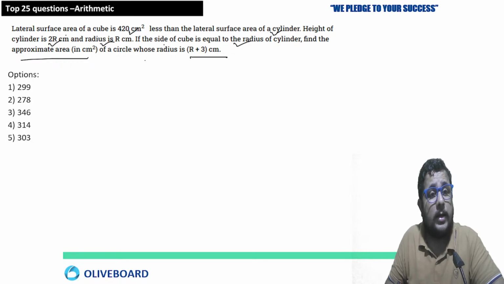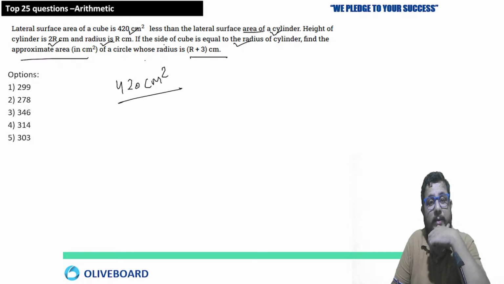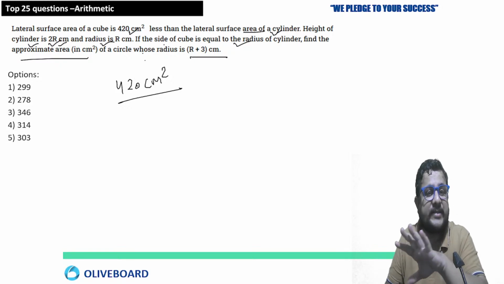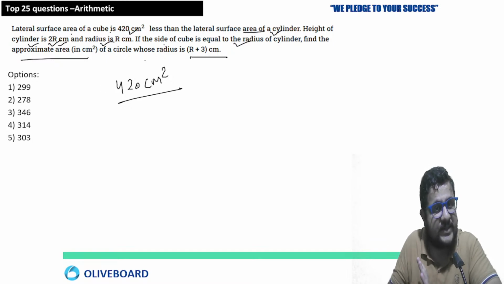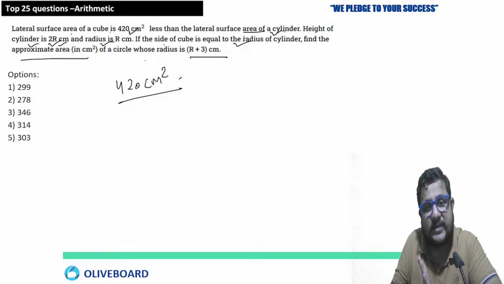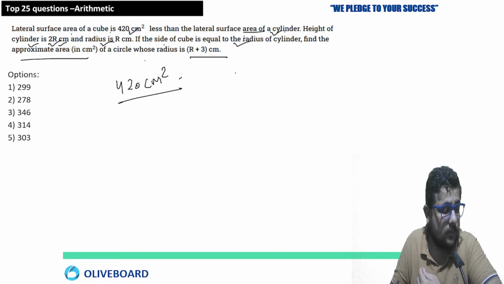Now see here, the lateral surface area of a cube is 420 centimeter square less than the lateral surface area of the cylinder. The height of the cylinder is 2r centimeter. This is from a previous year, and we have completed this in my previous sessions also. So the lateral surface area of the cube is 420 centimeter square less than that of the cylinder. So two solids' surface area difference is given here.